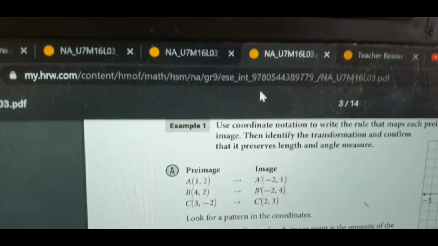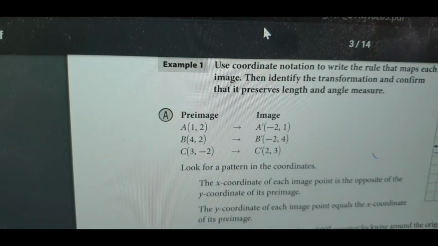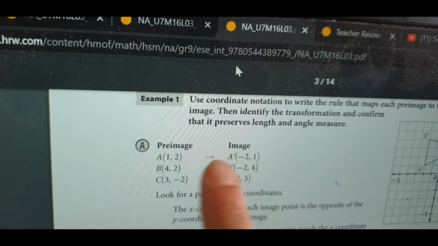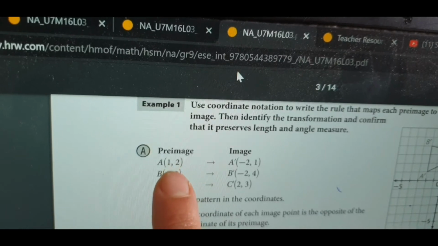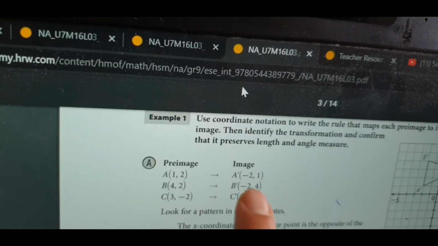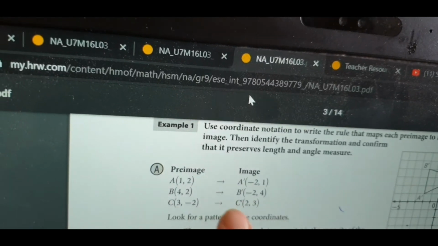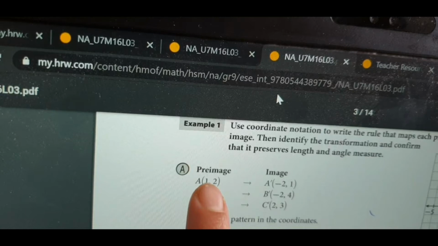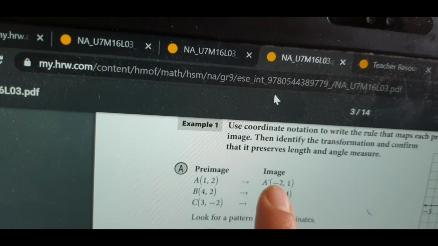Can you try to think about what is happening? Can't you see that the 1 is here? The x became the y in all three, right? So what else do you note? The y became the x but with a negative sign.